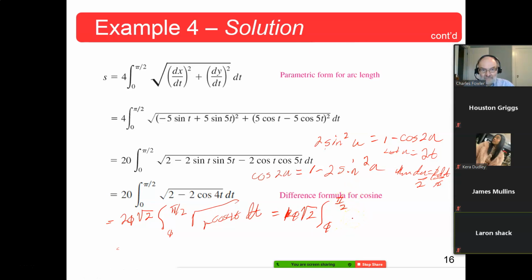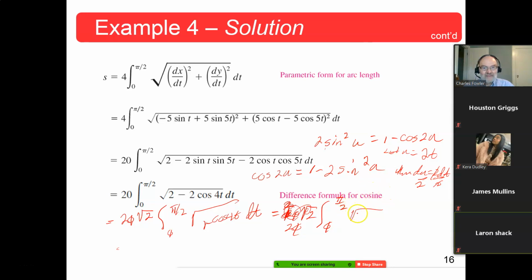And so what we have then is the square root of 1 minus cosine 4t here, and that becomes 2 times sine squared of 2t. So we move the 2 back out here, and it goes back to being 20 again. Sorry about that. And then you have, I'm sorry, it's another square root of 2. So this is a total 20 now.